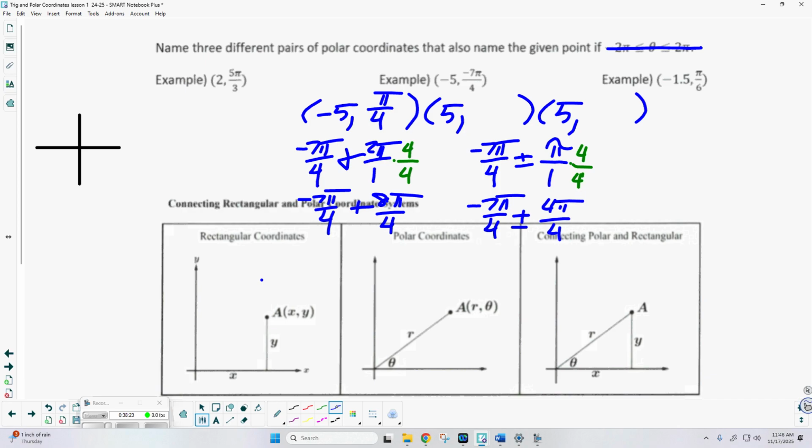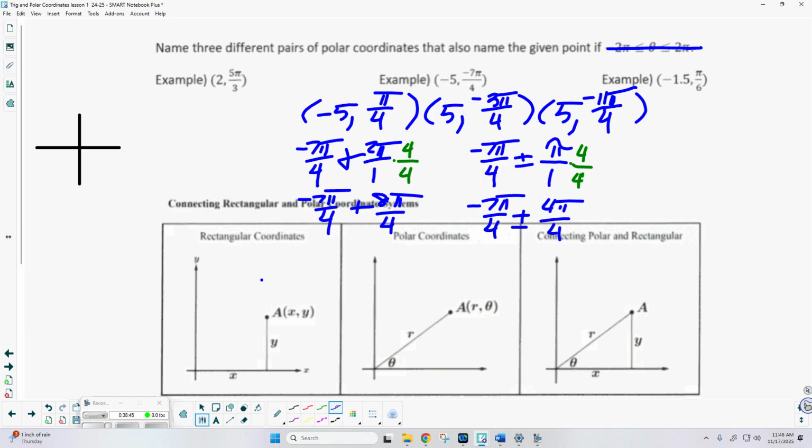So a -7 pi plus 4 pi, and then -7 pi minus 4 pi. There you go. Okay. How are we doing? All right. Very good, very good.